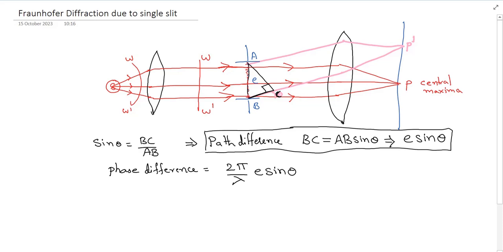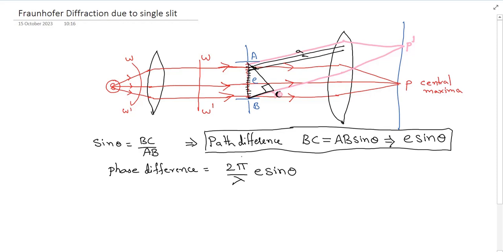Let us consider this slit of width e is divided into n equal parts. I told you every point on this acts like a source. N equal parts with amplitude small a and adjacent phase difference.